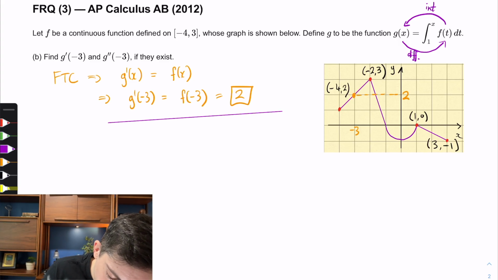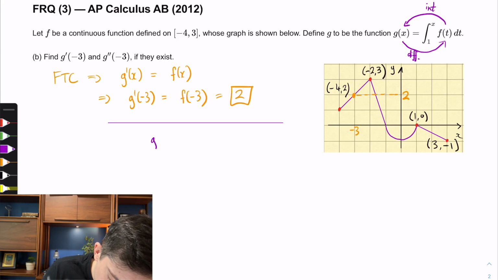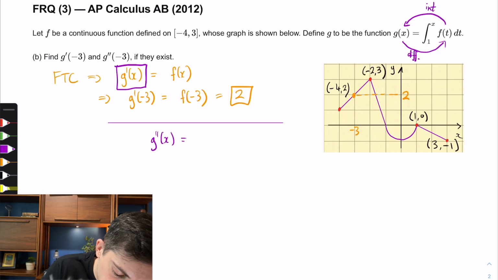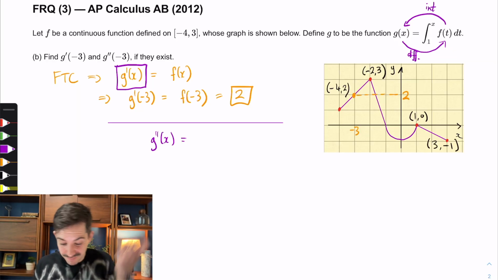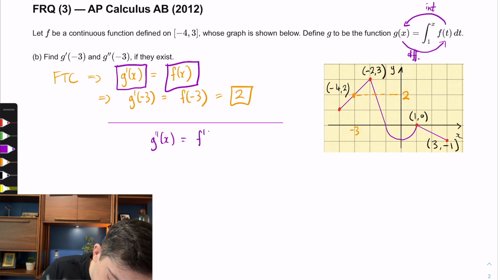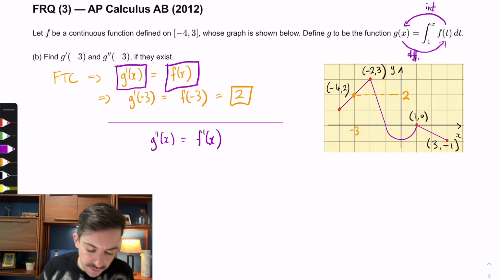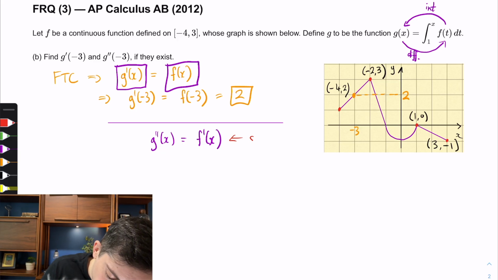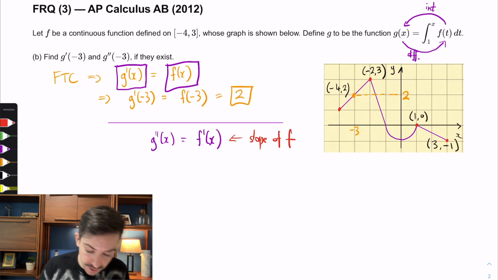What about g double prime, the second derivative evaluated at negative 3? Well, g double prime of x is what I get if I take the derivative of the left-hand side up here. So that will equal what I get if I take the derivative of the right-hand side, which gives me f prime of x. And we just need to remember this is the slope of the function f.